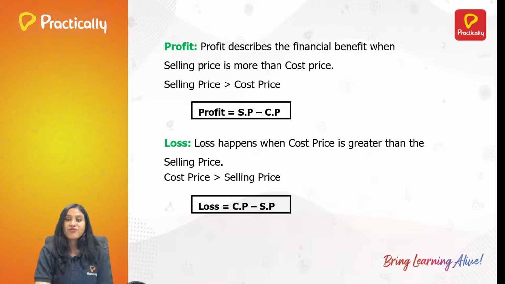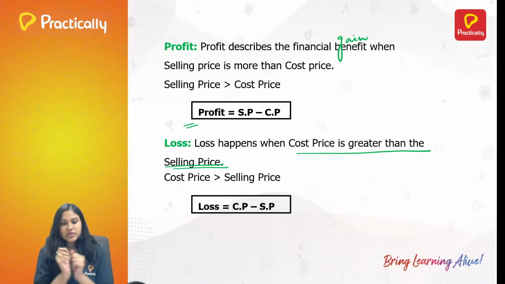Profit describes the financial benefit, or financial gain, when selling price is more than the cost price. So, profit is equal to SP minus CP. Loss happens when cost price is greater than selling price, that is CP is greater than SP. So, loss equals CP minus SP.